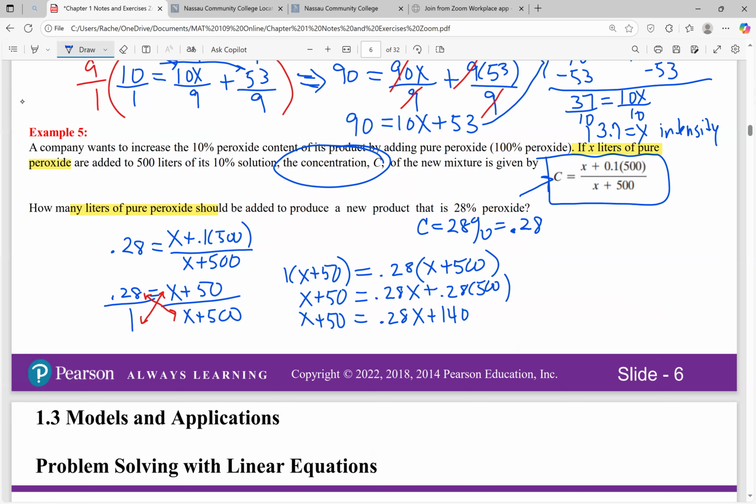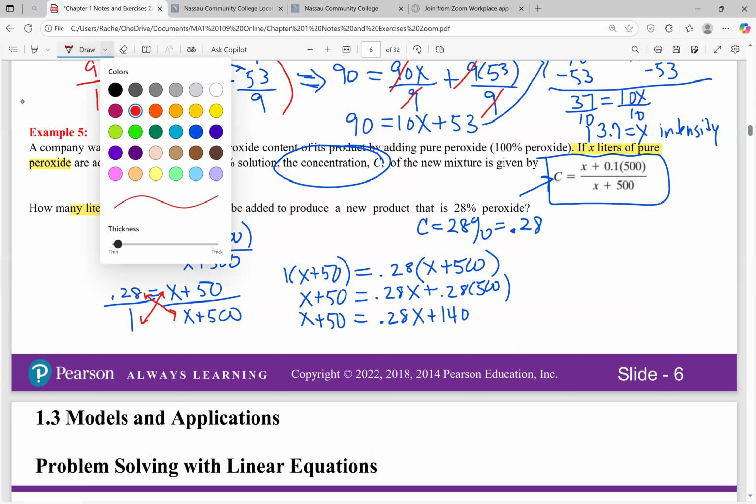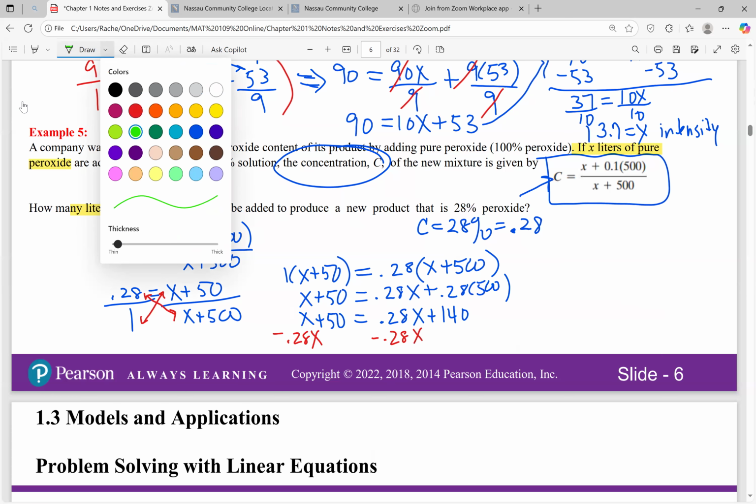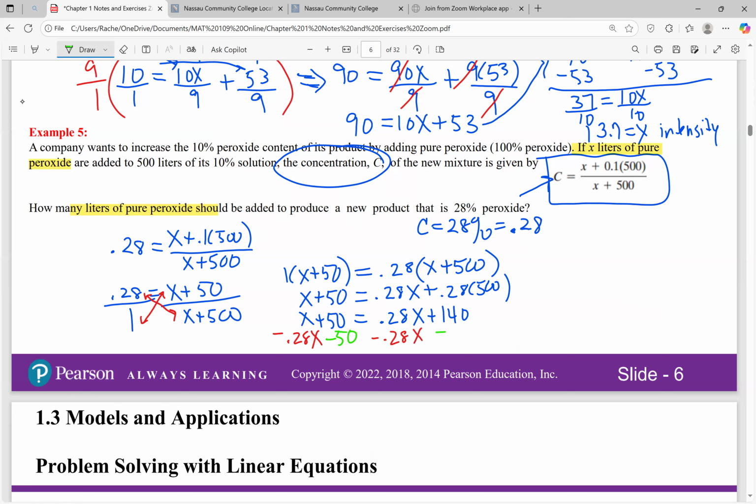And now we have to gather the X terms to one side and the constants to the other side. So I'm going to bring the X terms to the left. So I'm going to subtract 0.28X from both sides. And since I'm bringing the variable terms to the left, I'm going to bring the constants to the right. So I'm going to subtract 50 from both sides.